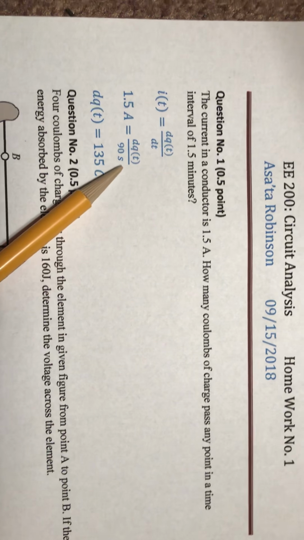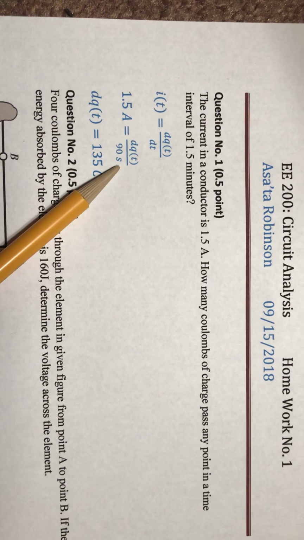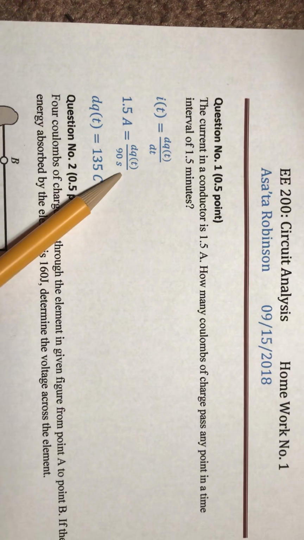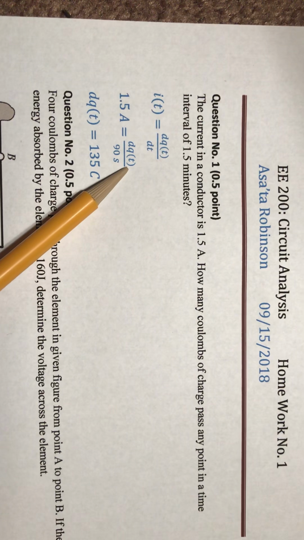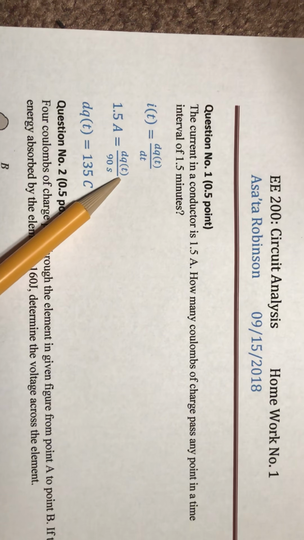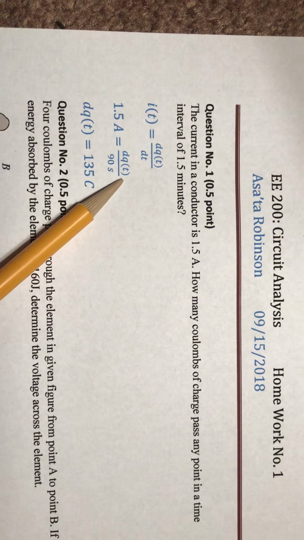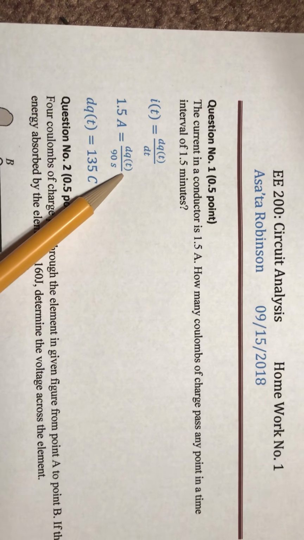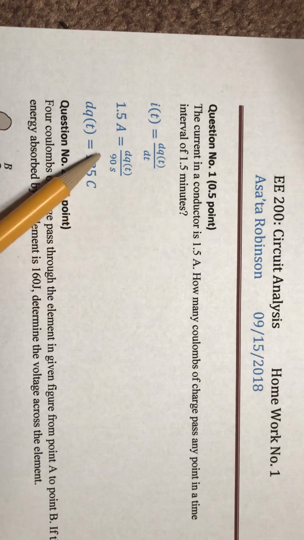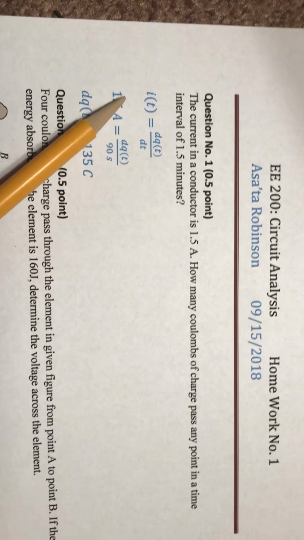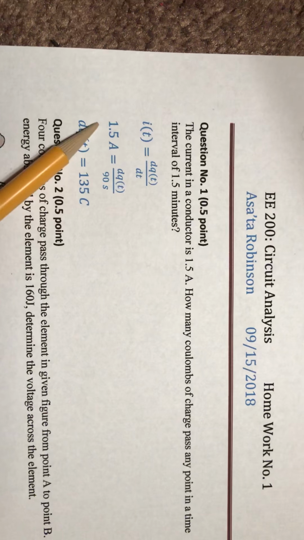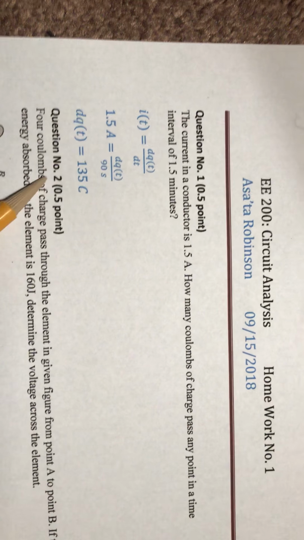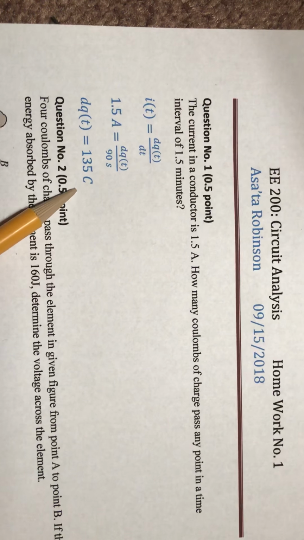So once we plug the givens in, we solve for the charge, which is Q, and we multiply 90 seconds on both sides, and when we multiply 90 seconds times the 1.5 amps, we get 135 coulombs.